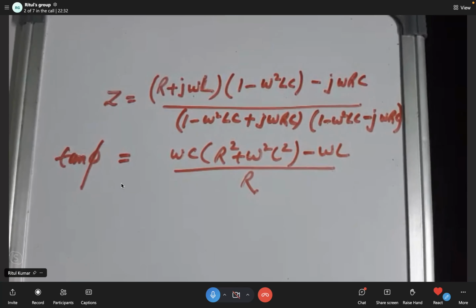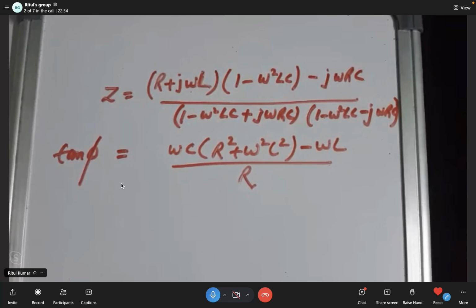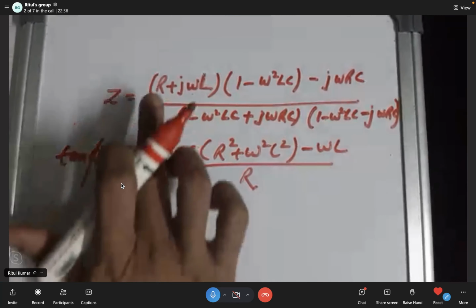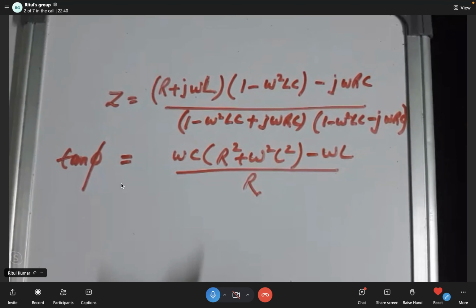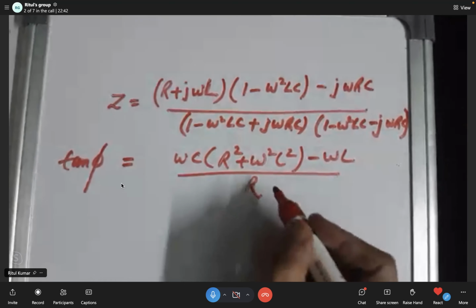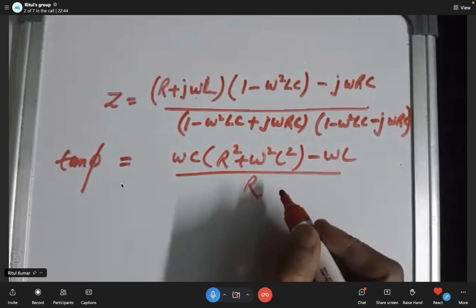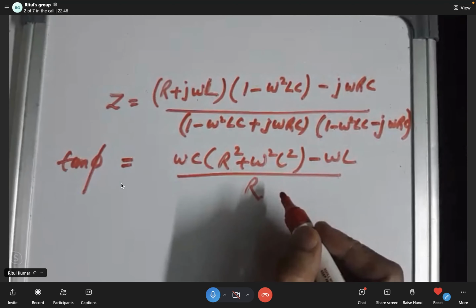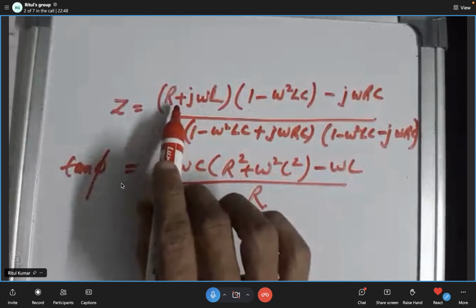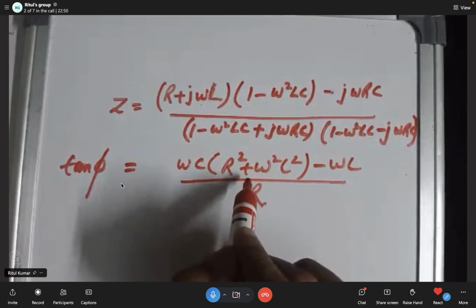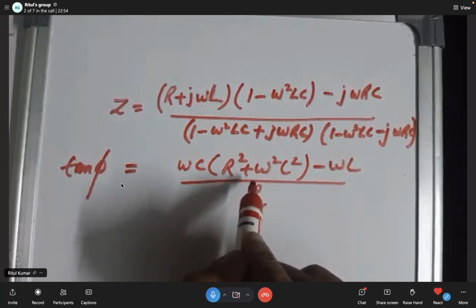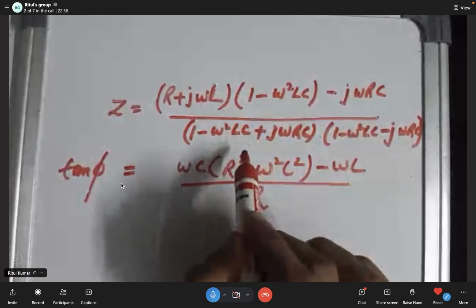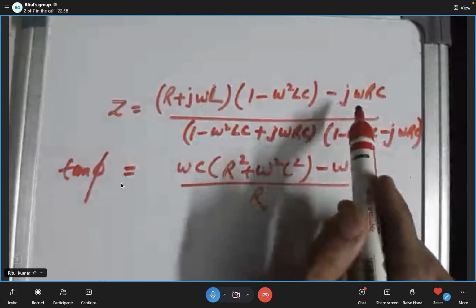Omega C, omega squared C squared minus omega L. Shouldn't you get omega L times 1 minus omega squared LC? You've written R squared plus omega squared L squared. If you're taking the J component of the numerator expression, you should get omega L times 1 minus omega squared LC, all of that minus omega RC.